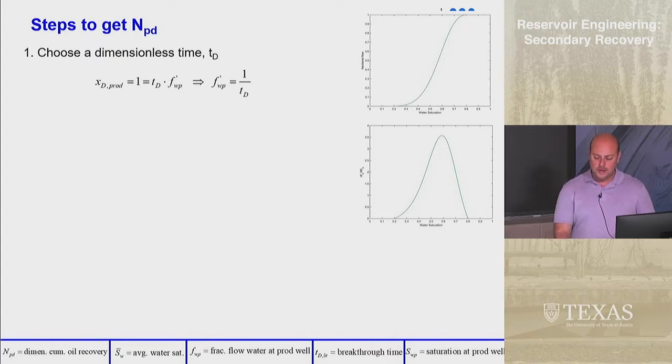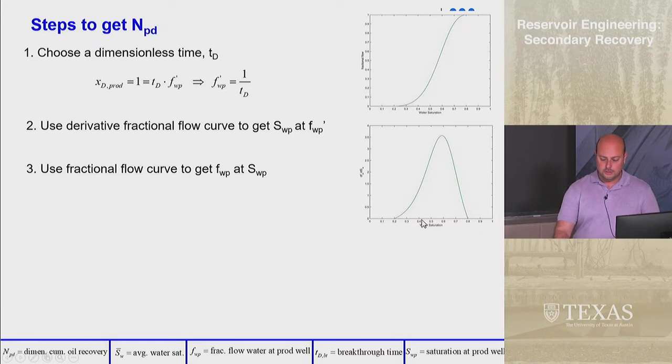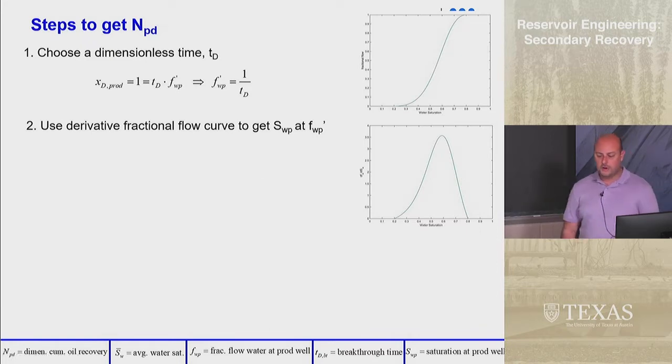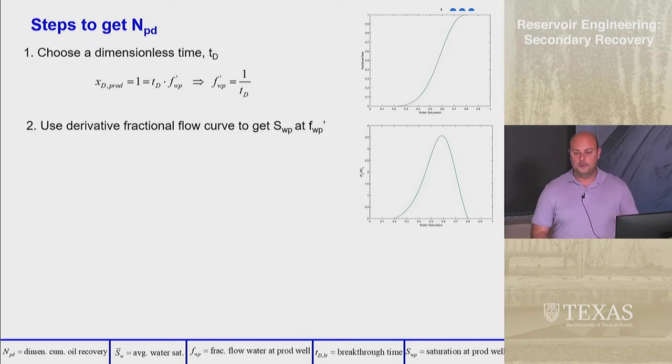Now that you've got the derivative, and you have a plot, remember you did this on your homework, of F prime versus water saturation. At that F prime, you can come across and find the water saturation. So you use the derivative of the fractional flow curve to determine SWP.